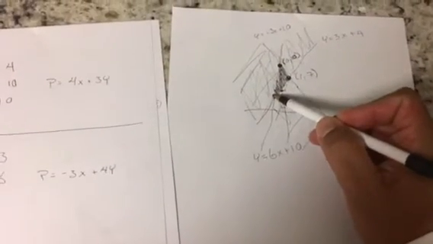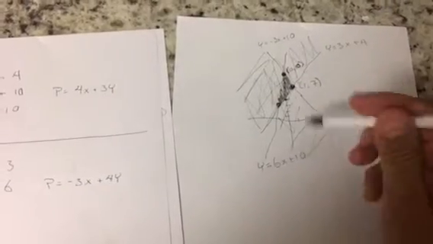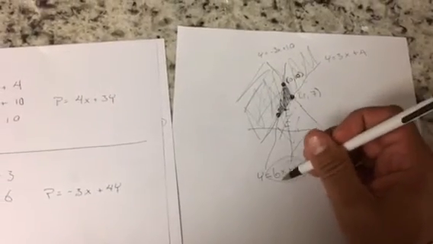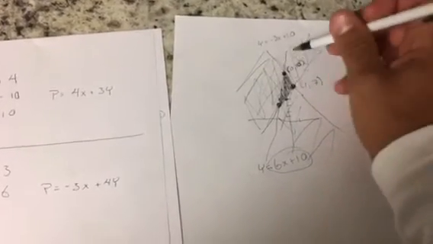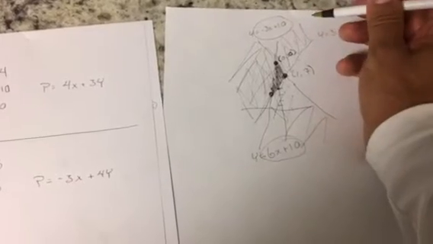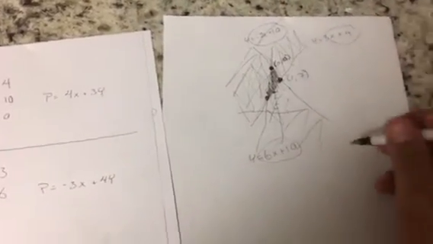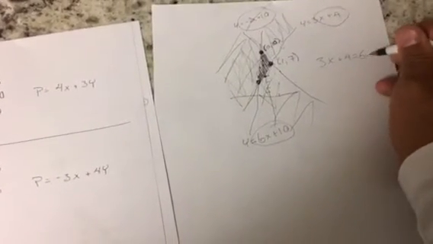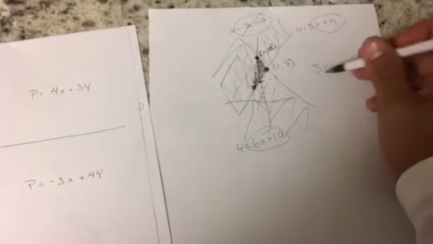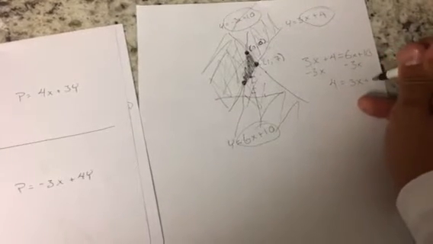This one wasn't so easy because it wasn't exact. So what I need to do to figure this out is take the equation of this line and set it equal to the equation of the line that it meets. It meets this line. So I'm going to go 3x plus 4 equals 6x plus 10. Subtract 3x. 4 equals 3x plus 10.